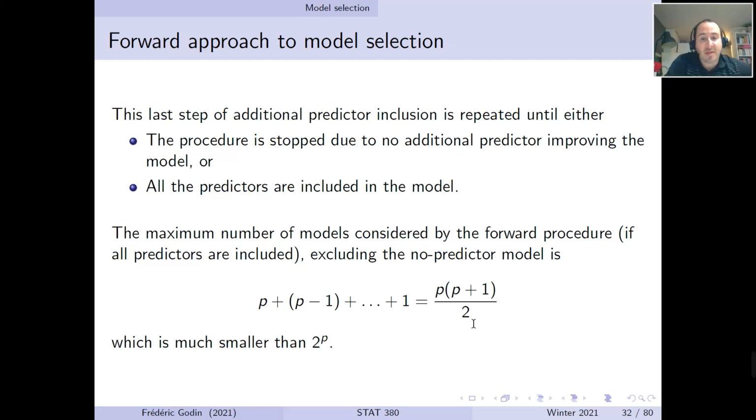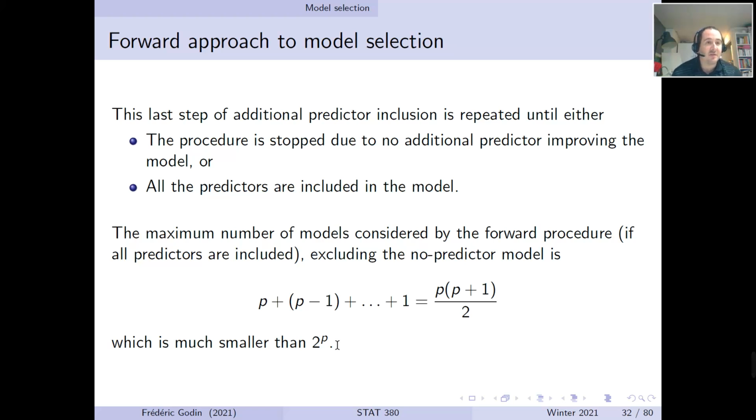So we can see that this quantity is of order p squared, which is much smaller than 2 to the power p. As p becomes large, this quantity is much smaller than that. So you have a much smaller number of predictor combinations to compare than if you tried all possible combinations.